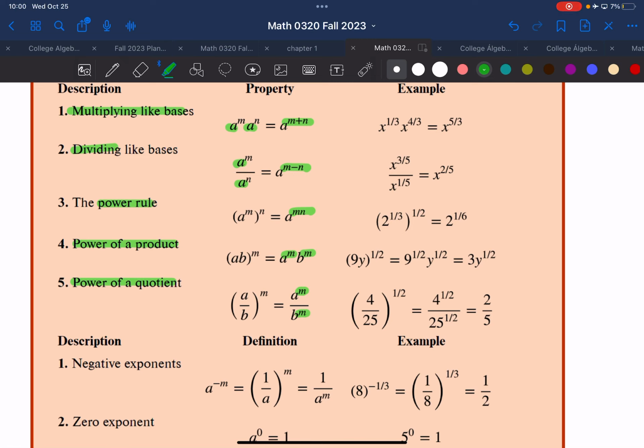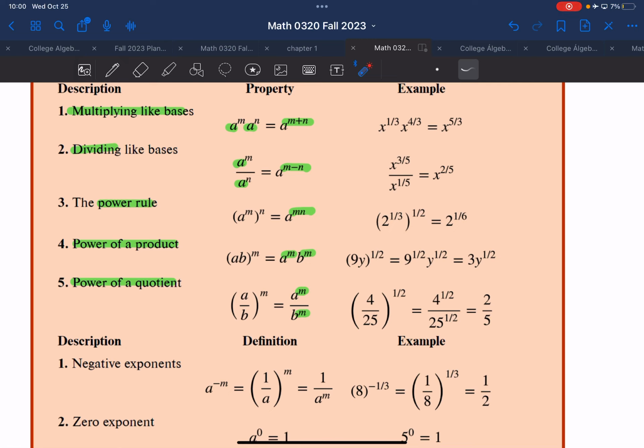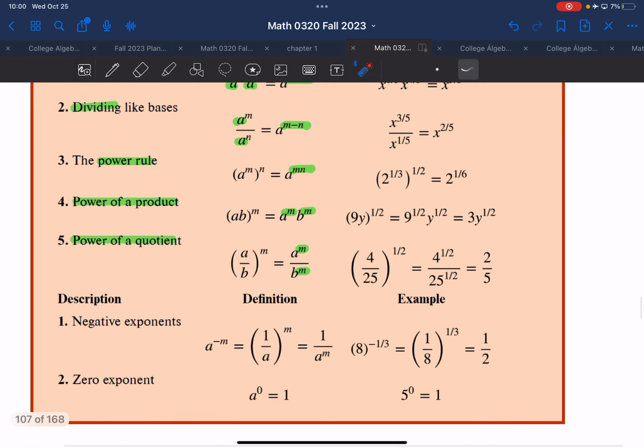Okay. If you need further definition on that, then I would look at these examples later. Those are just examples describing these rules.